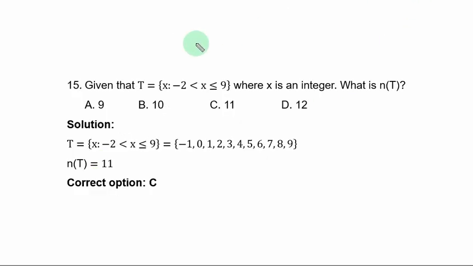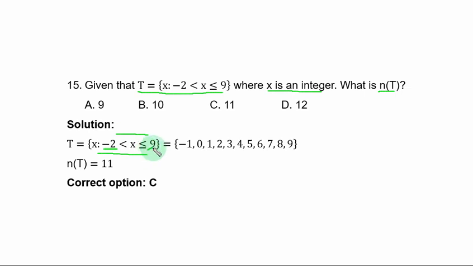Question 15. Given that T is equal to this set where S is an integer, what is N of T? That is the number of elements in set T. By the given range of inequality and the symbols that you have, -2 is not inclusive, but 9 is inclusive.